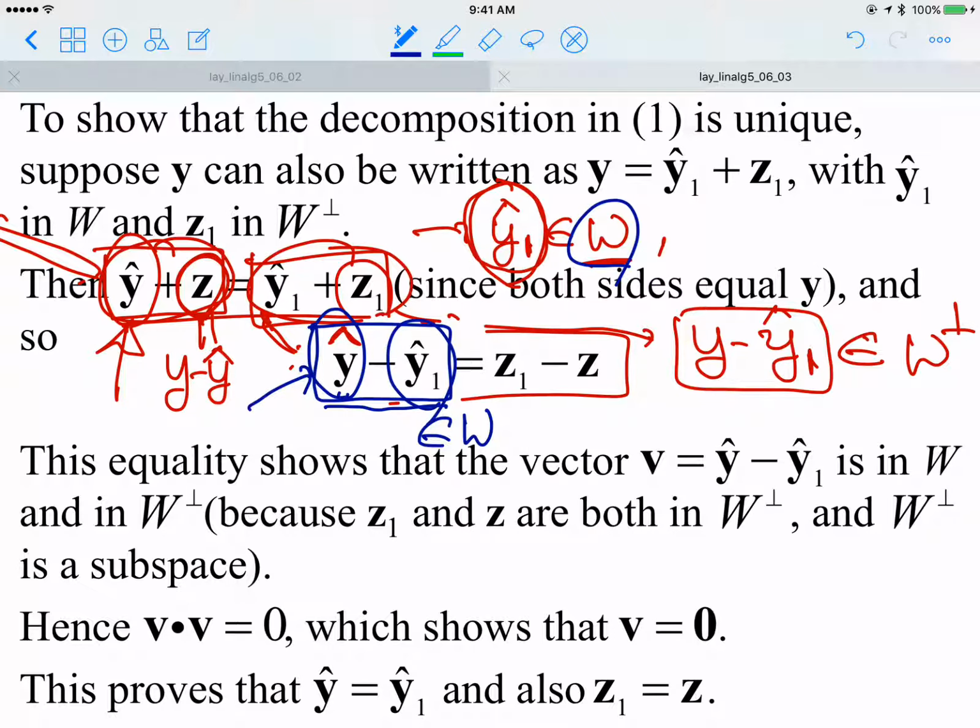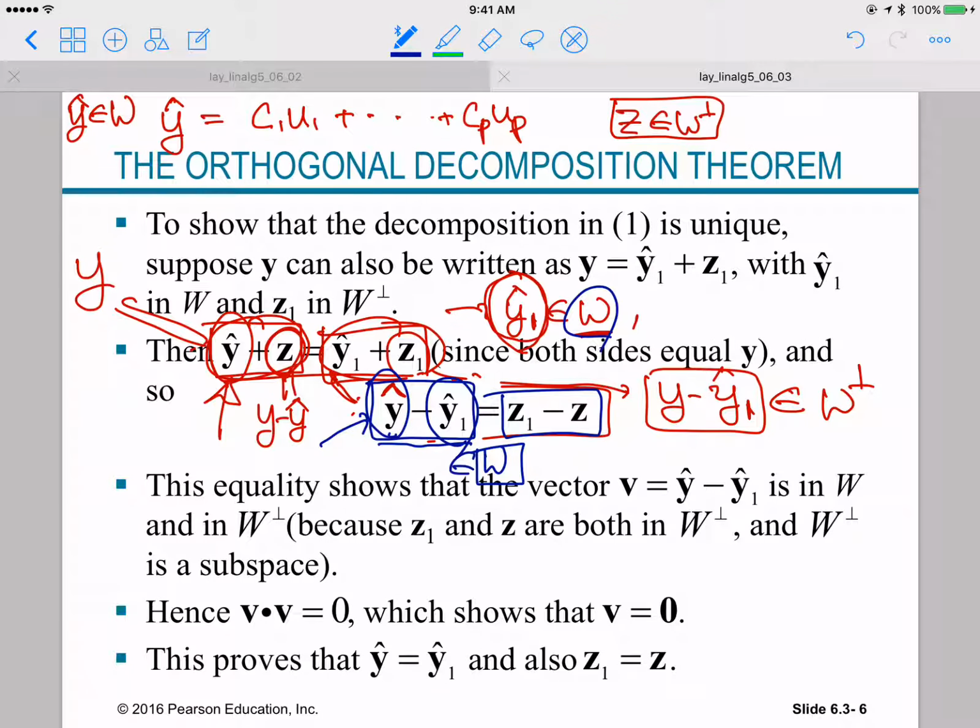That should still belong to our subspace W. And likewise, z1 minus z. Our assumption was z belongs to W perpendicular, and z1 also belongs to W perpendicular. So W perpendicular itself is another subspace, and so z1 minus z also belongs to our subspace W perpendicular.